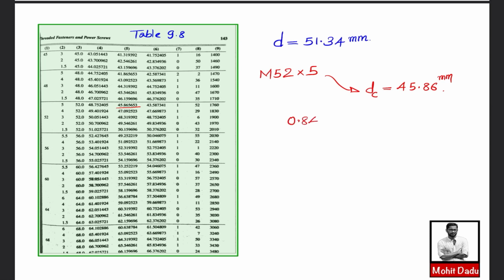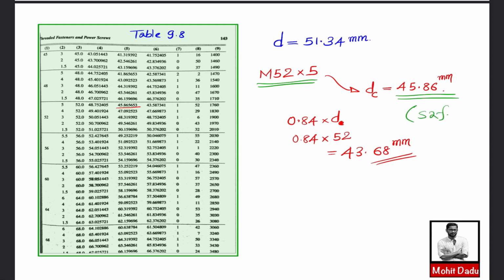Now we will be verifying this 0.84 into the major diameter, that is 0.84 into 52 mm, and we will be evaluating this to a value of 43.68 mm. That means based on the assumption, the minimum core diameter should be at least 43.68 mm. But the selected M52 by 5 has a core diameter of 45.86, which is more than the required. So this design is safe.